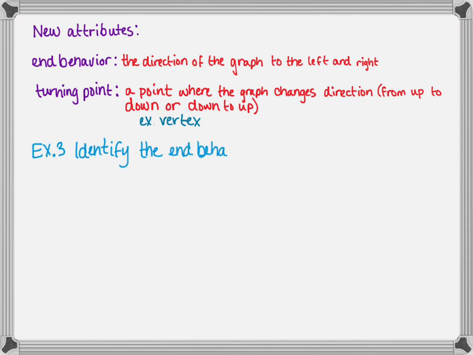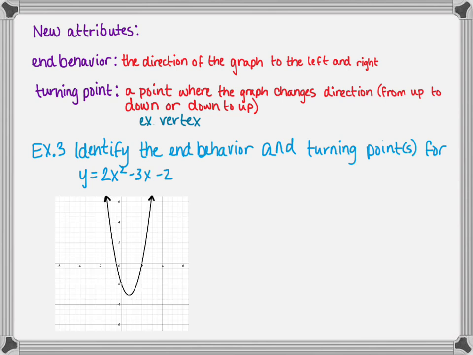So for example, let's identify the end behavior and turning points for y equals 2x squared minus 3x minus 2. So here's its graph. For the end behavior, we can see on the left side it's pointing up to the left, and on the right side it's pointing up to the right.